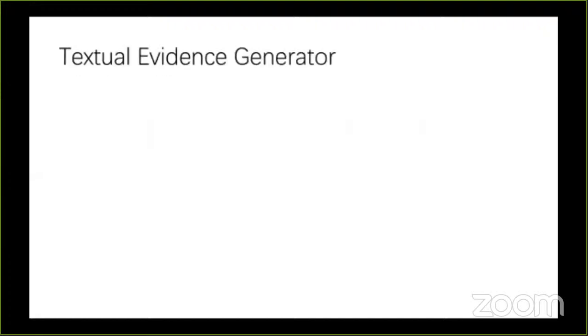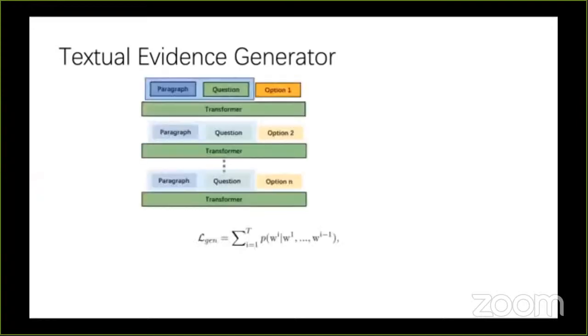We propose two generators, a factual evidence generator and a text evidence generator. In the text evidence generator, we rely on the pre-trained language model to generate the textual evidence. Specifically, we take the paragraph, question, and different options as input to train the language model. We train the model based on the language model loss.